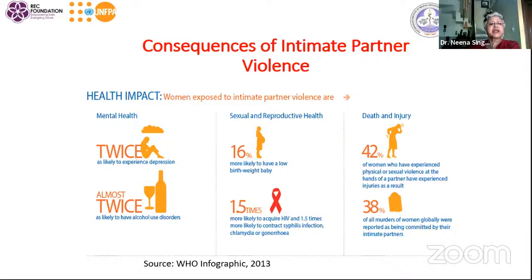They are twice more likely to have depression, twice more likely to have alcohol use disorders, 16% more likely to have a low birth weight baby, and 15 times more likely to acquire HIV, and 1.5 times more likely to contract syphilis infection or any other STD. Death and injury is 42% more, and 38% of all murders of women globally are reported as being committed by intimate partners. So you can see the extent of this problem.